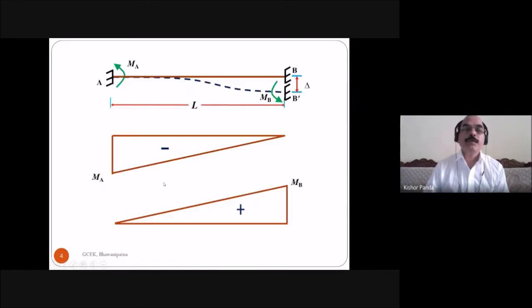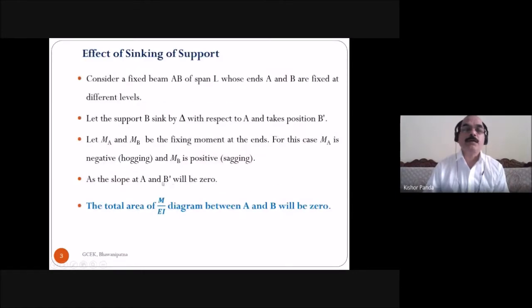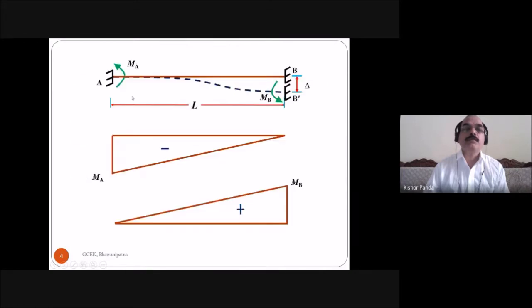By the moment area theorem, when you draw a tangent at A, that tangent will pass through the original axis of the beam. Also at the position B dash, when you draw a tangent, it will be parallel to the axis of the beam.